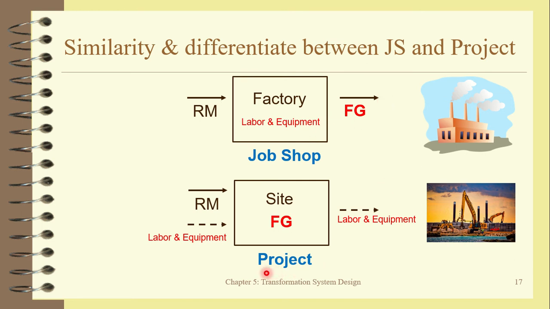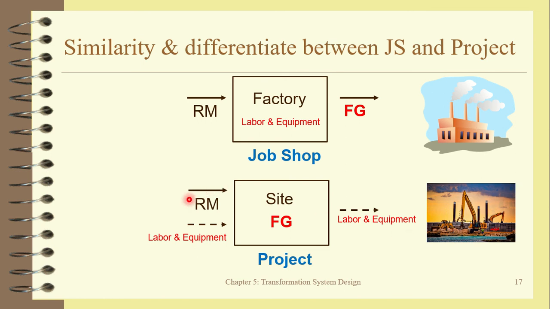But if you look at the project, labor and equipment are outside the construction site, then moved to the construction site, and once it's finished, labor and equipment move out of the construction site.